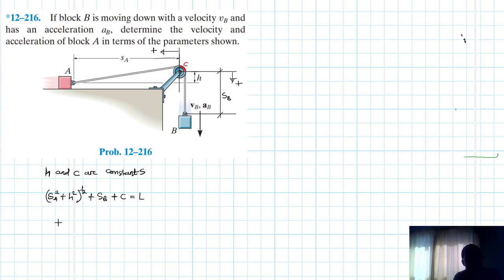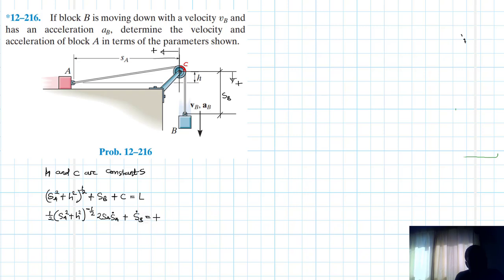Let's take the first derivative. Let's use the power rule for this case. So we are going to have half there, the inside remains the way it is, and the power becomes half minus 1, then the inside derivative is 2 SA dot. H is a constant, so its derivative is 0, C is 0, and L is 0. Then we have plus SB dot.